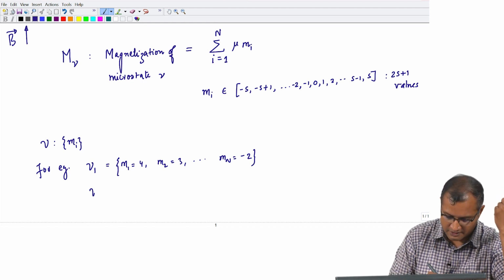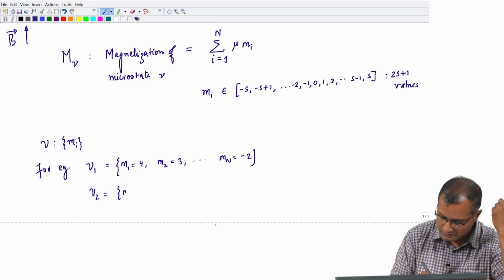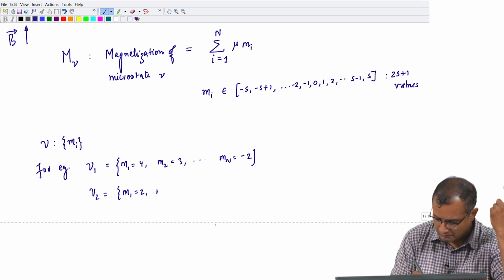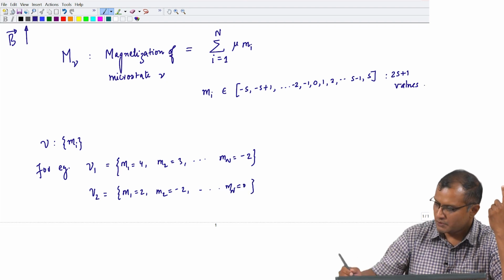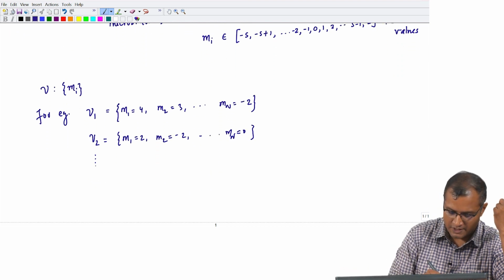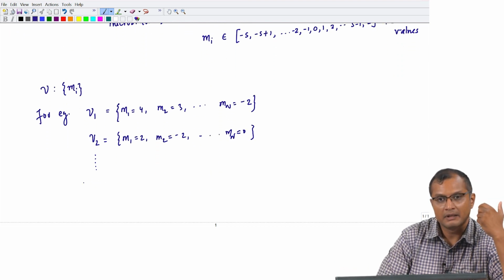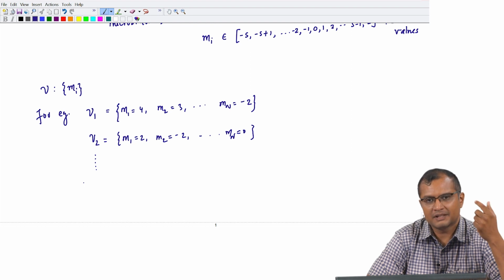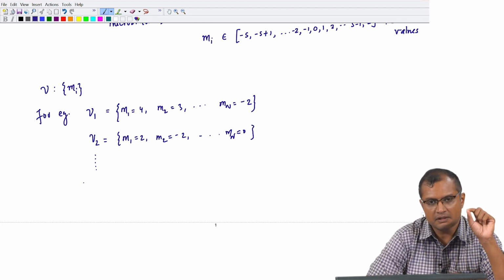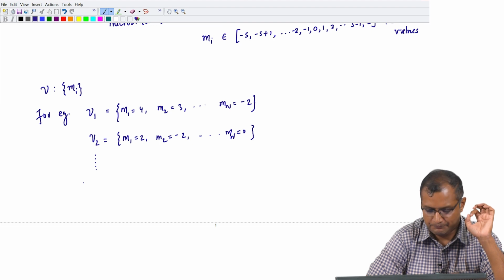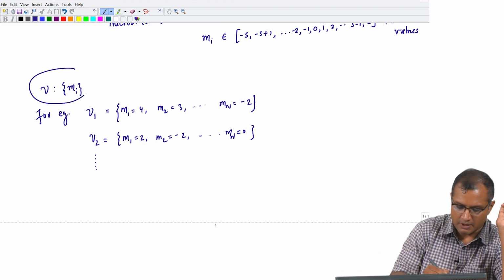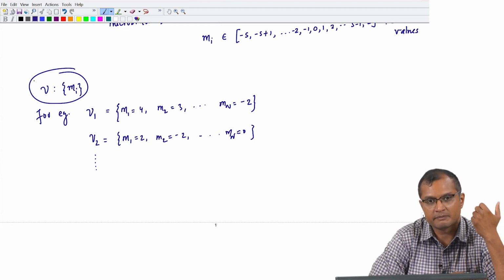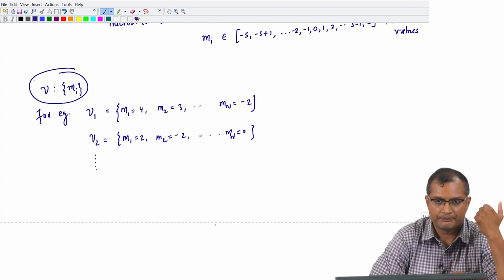You can specify another set of values. This way you can set up a large number of microstates. Each one of them is nothing but a set of particular values of mi, which means I can also call my microstate nothing but a set of mi's. This is my label for the microstate.